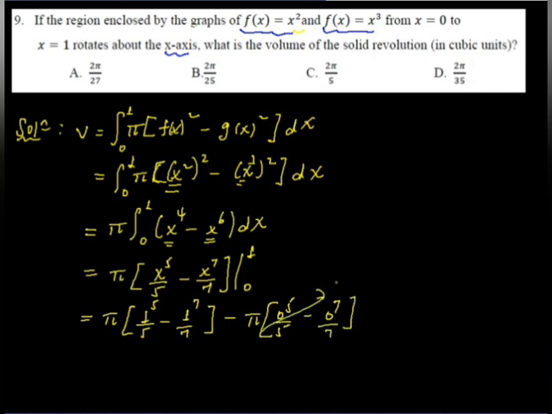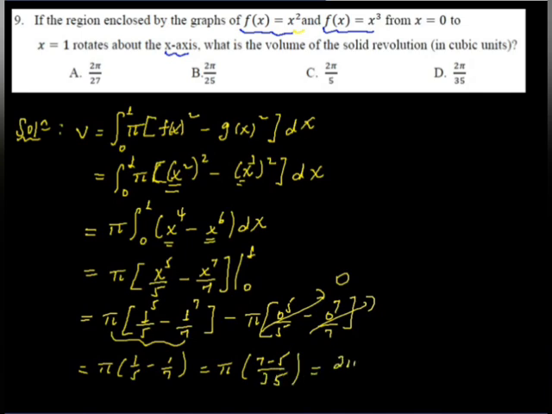So these terms are 0. We evaluate only this part, which is pi times 1 over 5 minus 1 over 7. Here this is pi times 7 minus 5 over 35, which is 2 pi over 35.